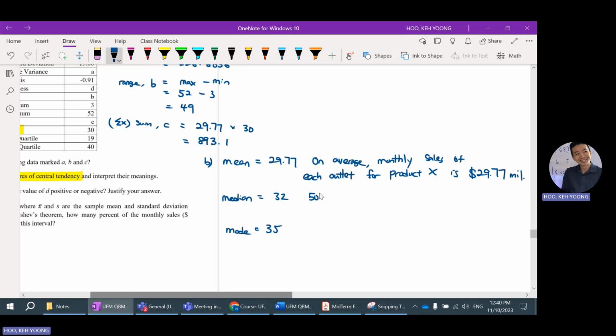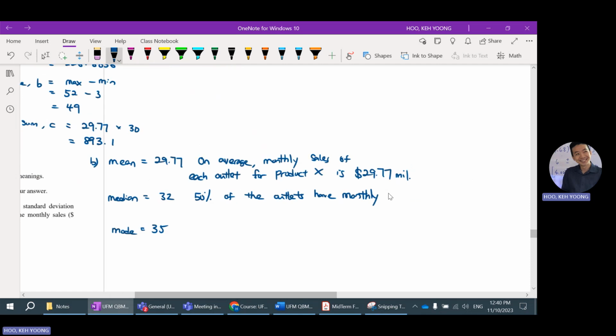So 50% of the outlets, you have 30 outlets right now, half of them have monthly sales less than the median, so less than 32 million.